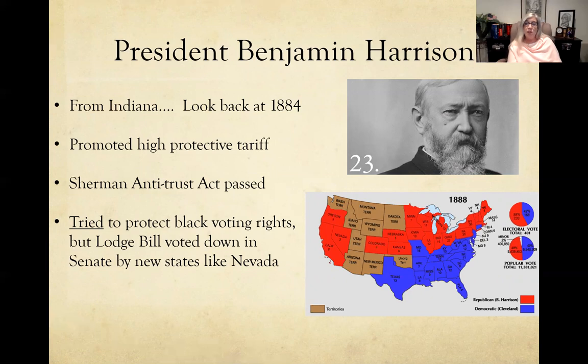And Benjamin Harrison is from Indiana. So there's no accident in the Republicans' choice of Benjamin Harrison. So you remember William Henry Harrison was also from Indiana. He was the territorial governor there and fought the Indians at the Battle of Tippecanoe and Tyler too, remember him? This is the grandson. And so he is from Indiana.